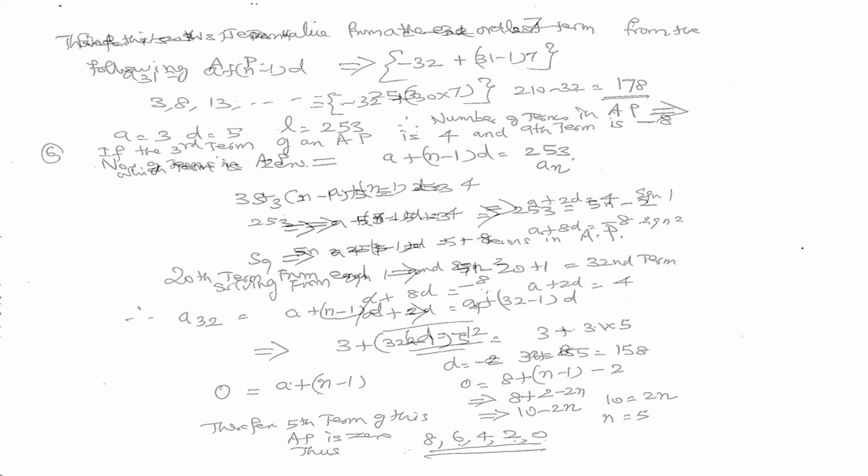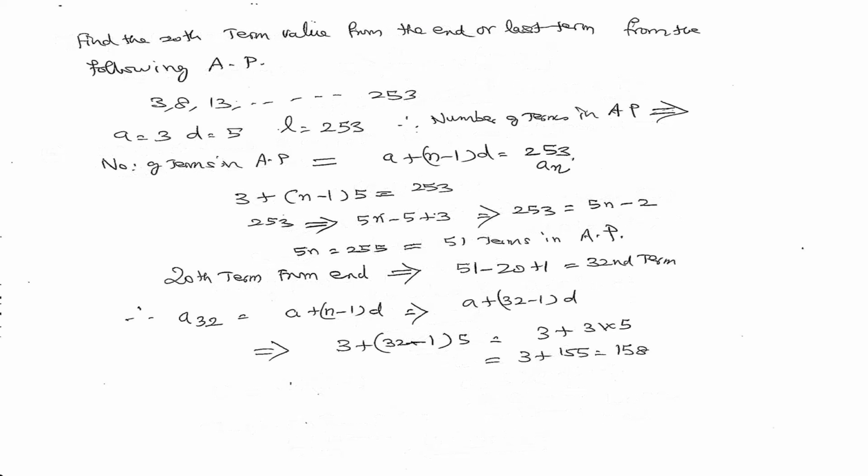In the next problem, find the 20th term from the end, or last term, of the following arithmetic progression: 3, 8, 13, extending to 253 being the last number.